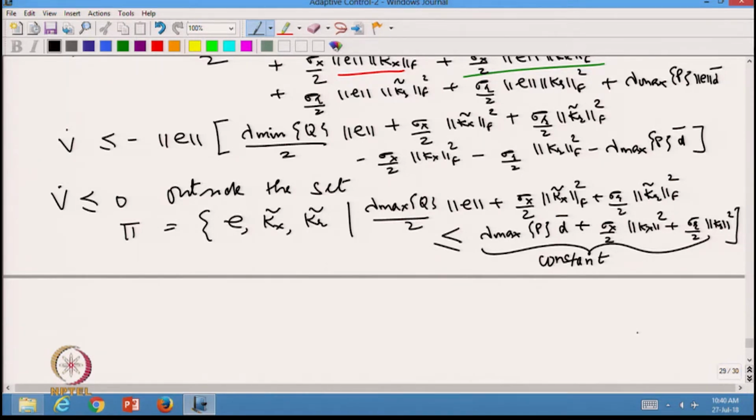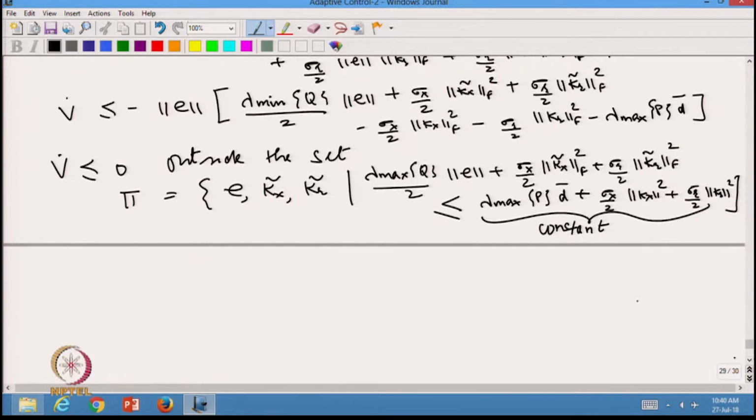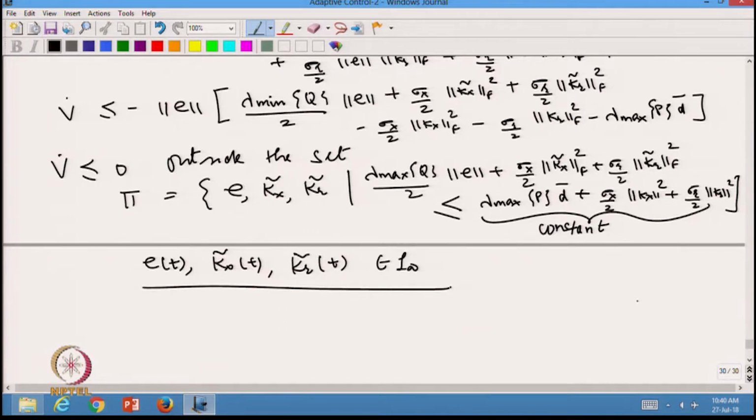So, for all time we can say that E of t, kx tilde of t and kr tilde of t are bounded. Okay. So, this set is a compact set.